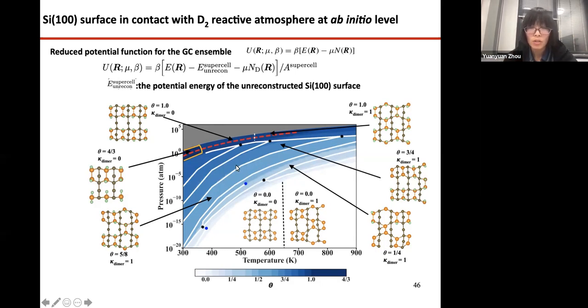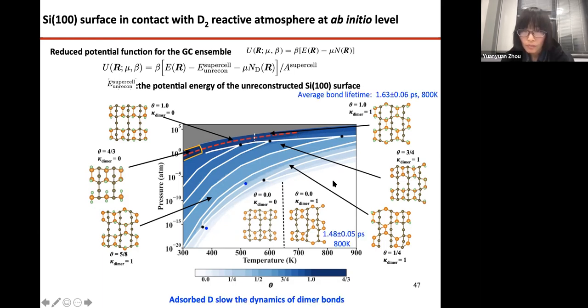This phase diagram looks more like the 4x4 one, except for the highest coverage, around 1.33, marked with the orange frame here. The two order-disorder phases for the pristine surface and the coverage of 1.0 still exist. We further calculate the average silicon bond lifetime at 800 Kelvin for these two phases, pristine and the coverage of 1.1.